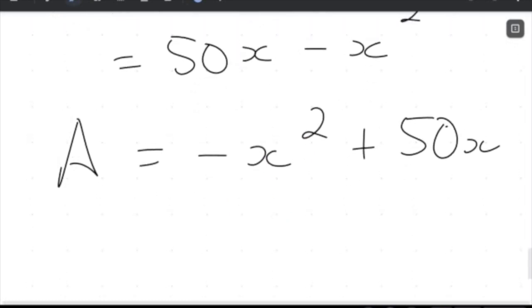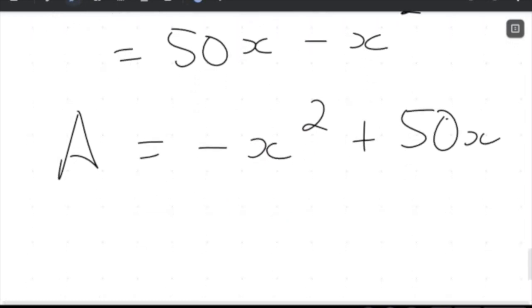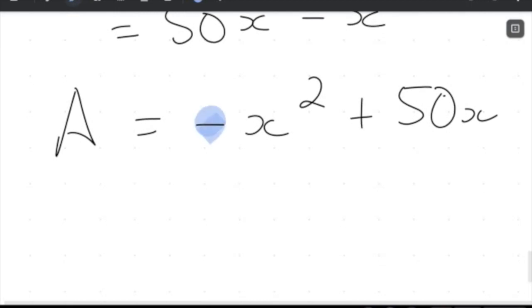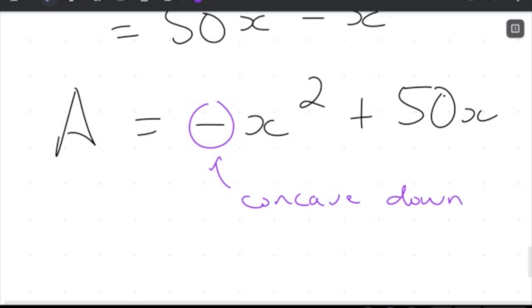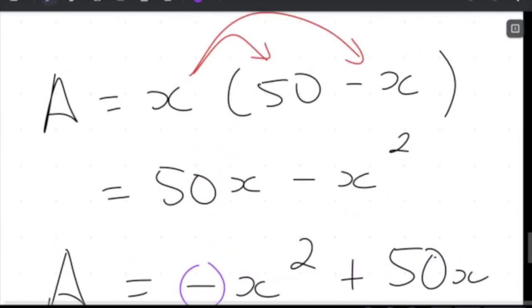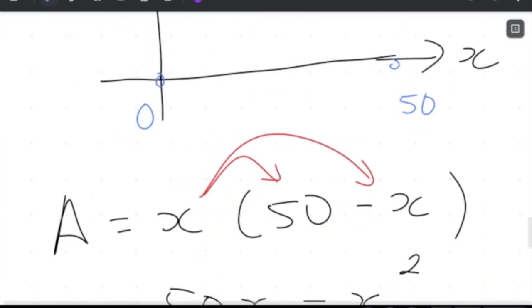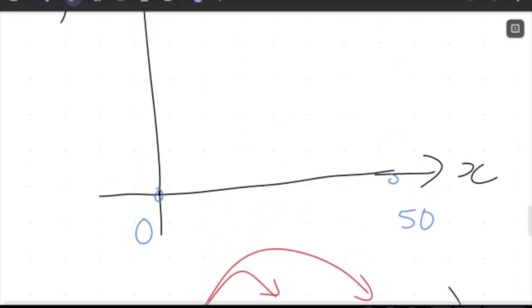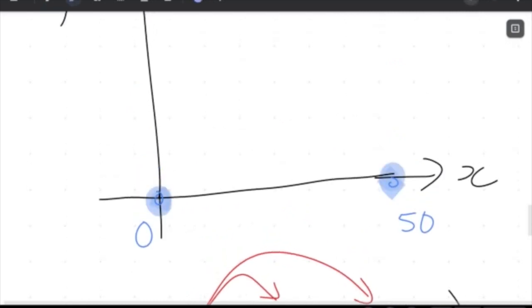Now this is a negative parabola, or there's a negative in front of my x squared, so that means my parabola is going to be concave down. So it's going to look something like this here. So that's already giving us a bit of a hint. So we're sketching this for all the suitable values of x here, so in between these two points here.